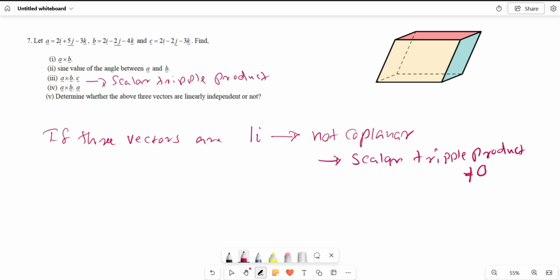If it is equal to 0, we call it linearly dependent, then you get a flat surface and it is coplanar. Linearly dependent means coplanar. Linearly independent means non-coplanar and the scalar triple product is not equal to 0. Those are the things we want to understand, so we'll discuss them one by one.